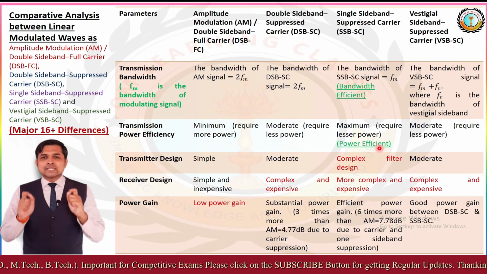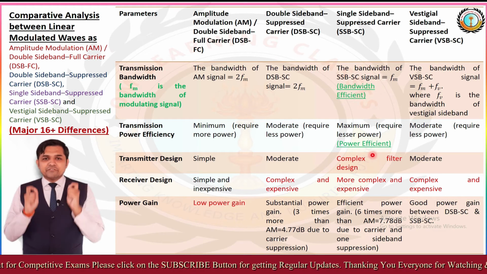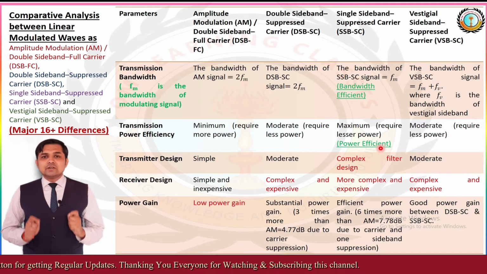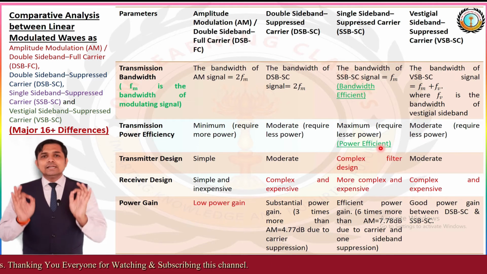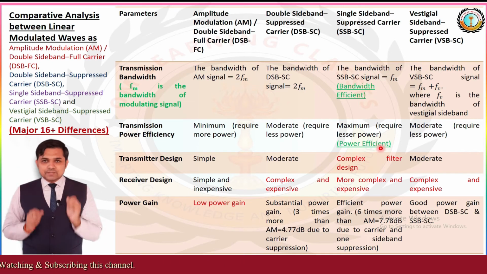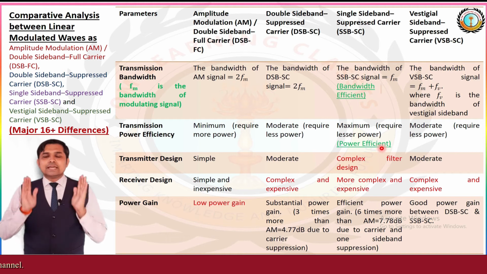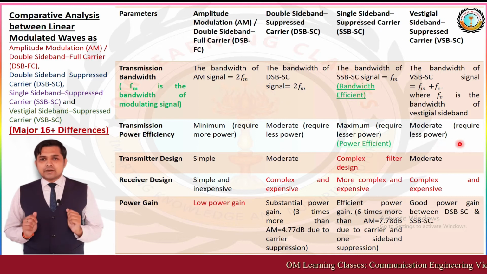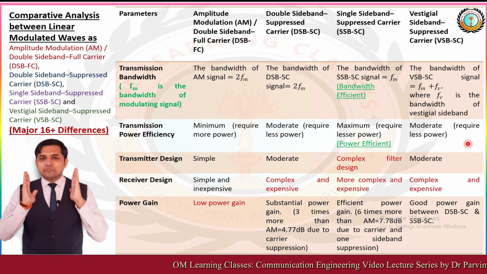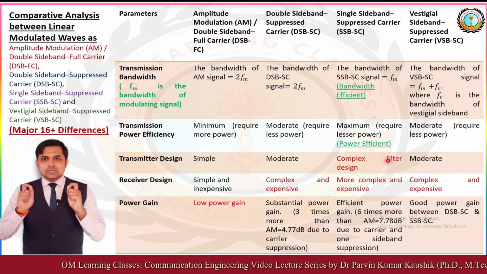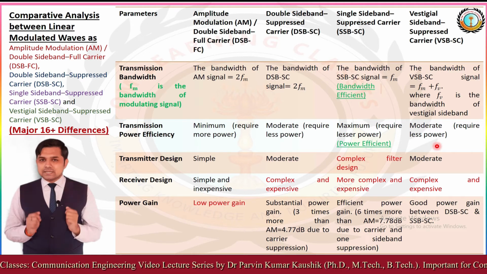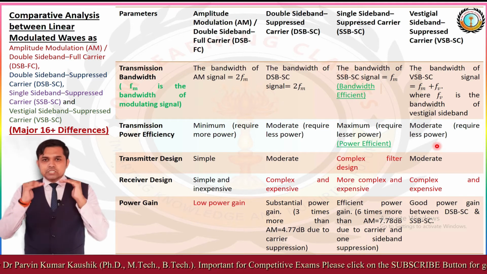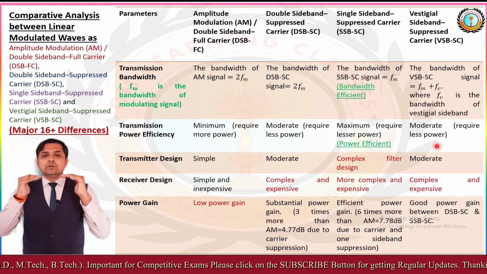So the SSBSC scheme is our power efficient modulation scheme among linear modulated waves. And in VSBSC, there is also moderate power efficiency. It requires less power in comparison with DSB full carrier, but more in comparison with SSBSC. So the transmission power efficiency corresponds to the transmission of the modulated signal.